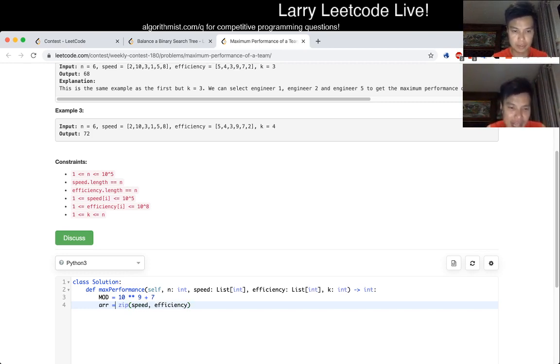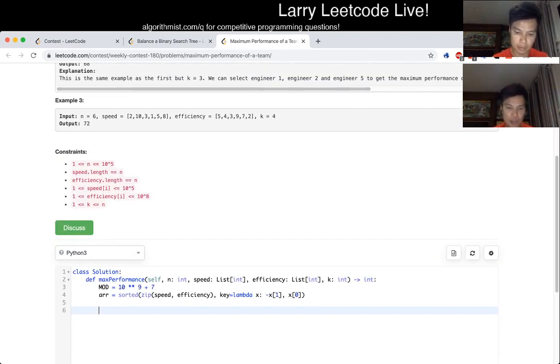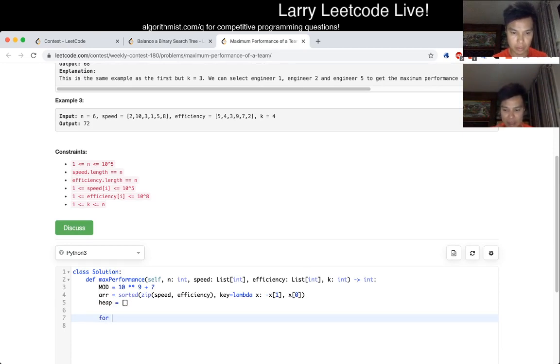First of all, I need to sort by efficiency and speed, and that's what I did by zipping them. Then it probably makes sense to sort by efficiency from the highest to the lowest, because when you add less efficient things, the invariant is that everything already there has an efficiency higher than x.